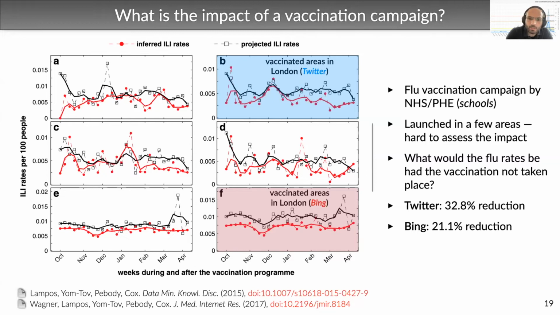I have just annotated 2 of them, indicating that they were targeting a small subset of London boroughs. And the black color lines denote projected flu rates had the vaccination campaign not taken place. We almost consistently see reduced rates in locations that participated in the pilot.